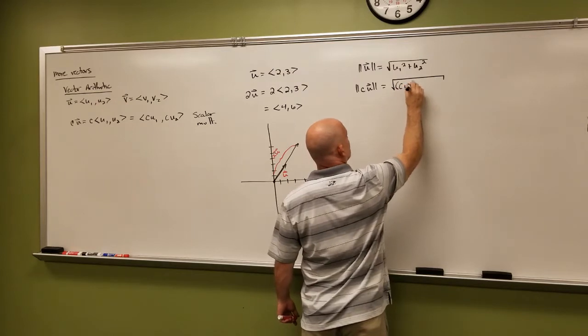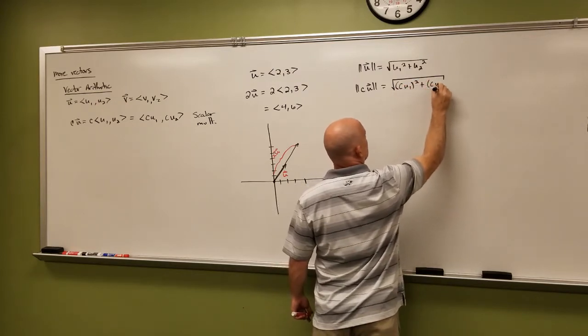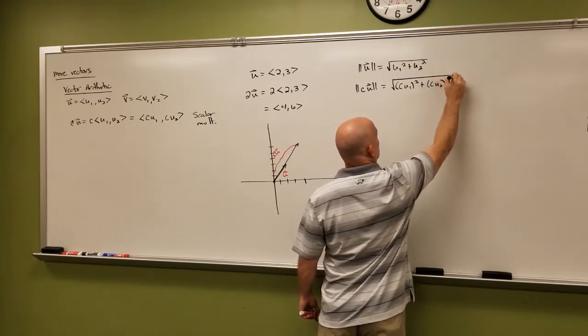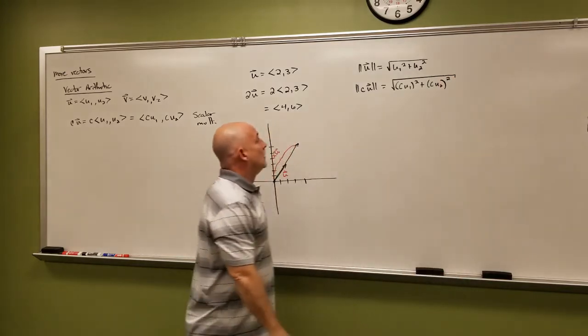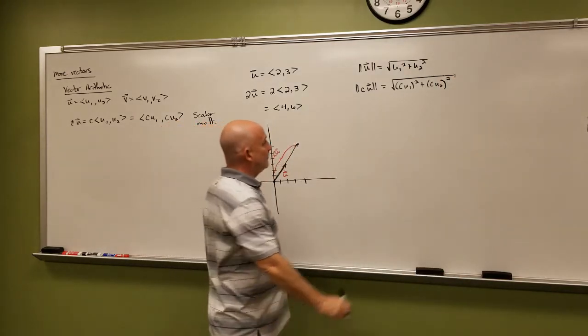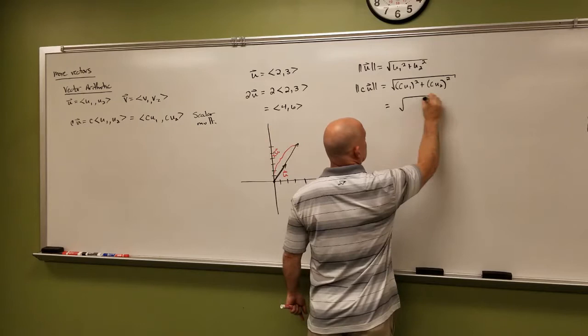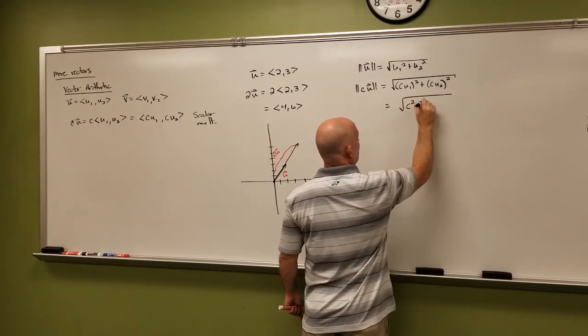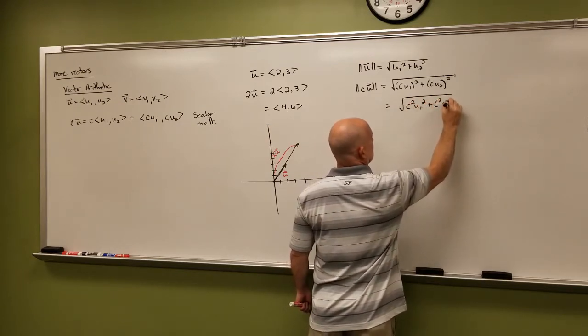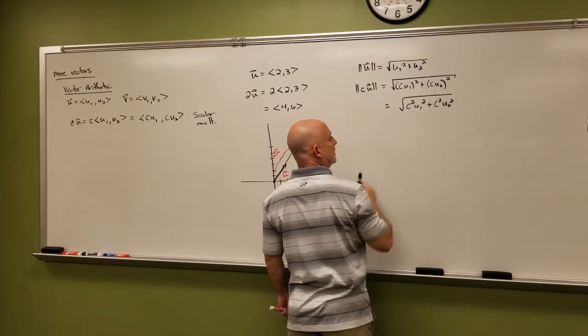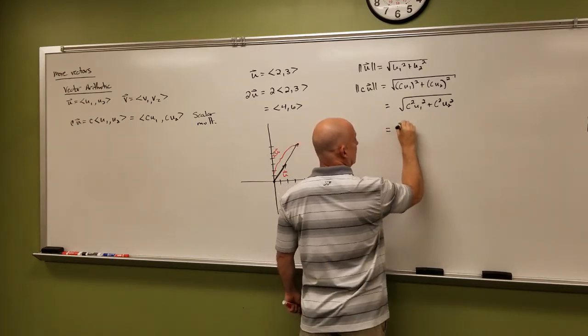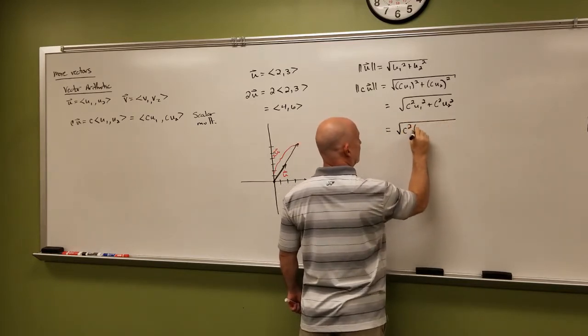That's cu1 squared plus cu2 squared. Well, for each one of these, I could write this as c squared u1 squared plus c squared u2 squared. Since on the inside, both of those have a c squared, I can factor that out.